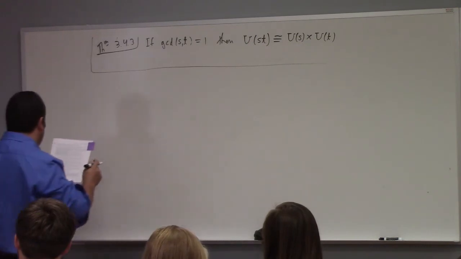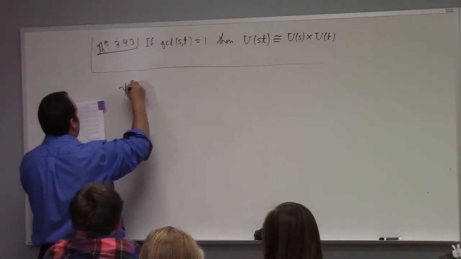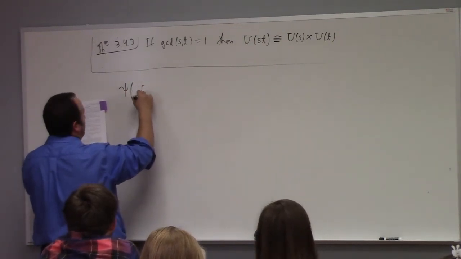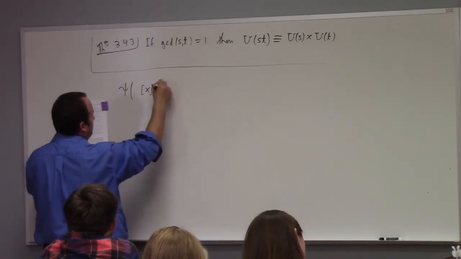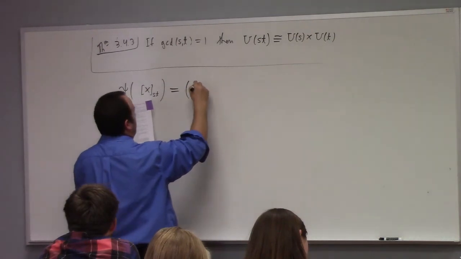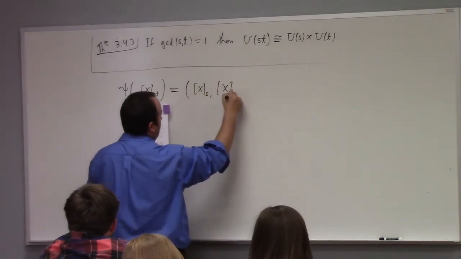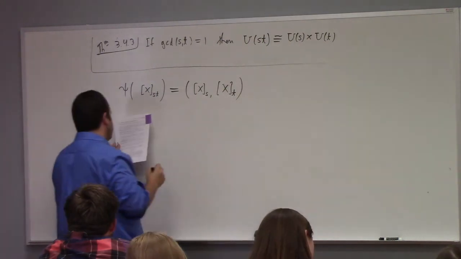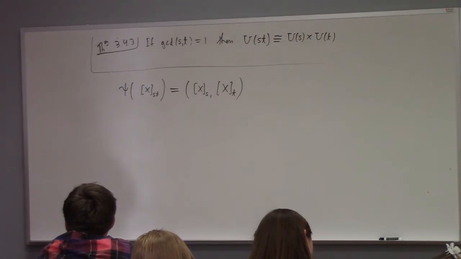I'll sketch the proof for you since I have blathered on about uninteresting things too long. The proof is really just this. You take the ST equivalence class of x and map that to (x_S, x_T).